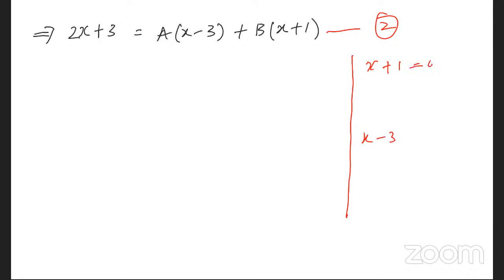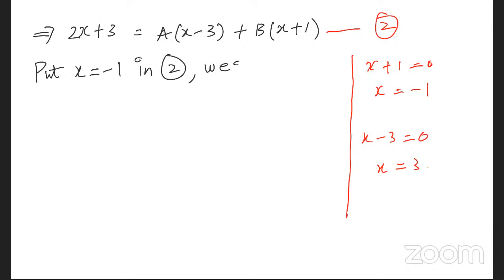x + 1 = 0 gives x = -1, and x - 3 = 0 gives x = 3. First put x = -1 in equation 2.